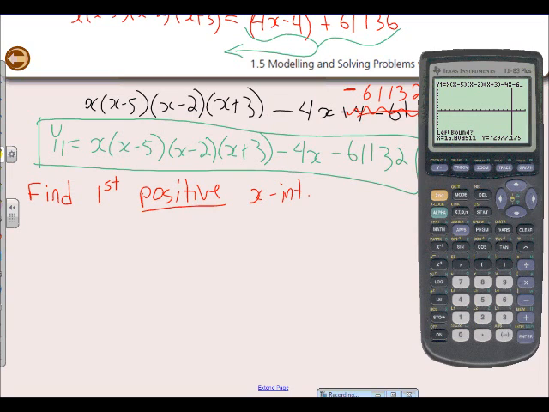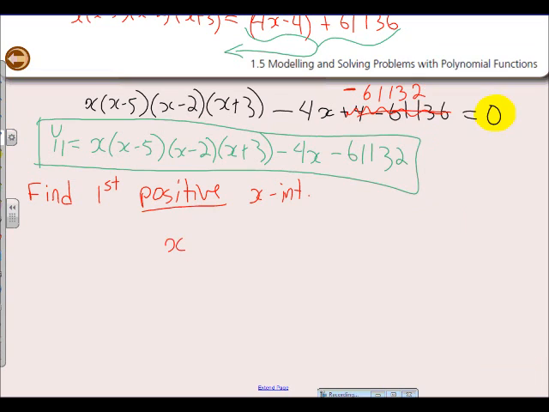So let's go from there. Enter. Puts my cursor arrow up there and there. I'm looking in between those two and enter. And it tells me that the 0 is at 17. So that means that x equals 17.